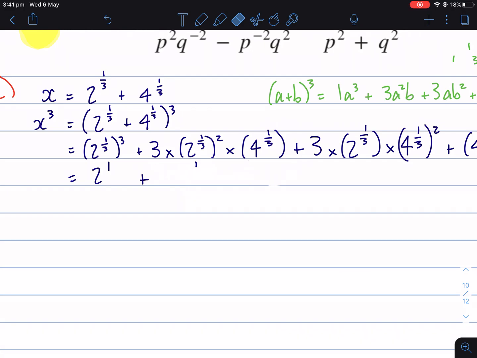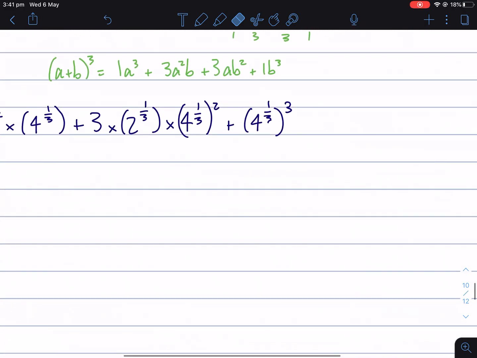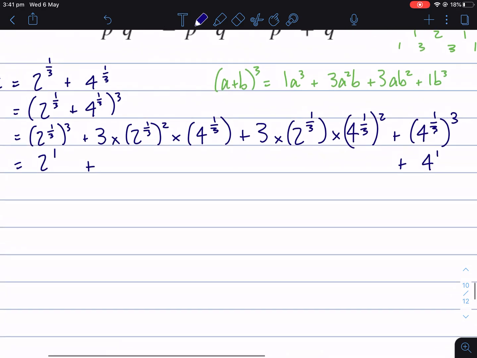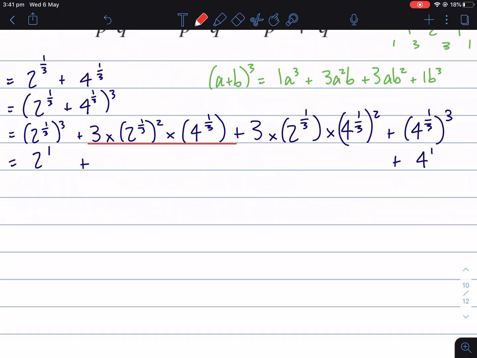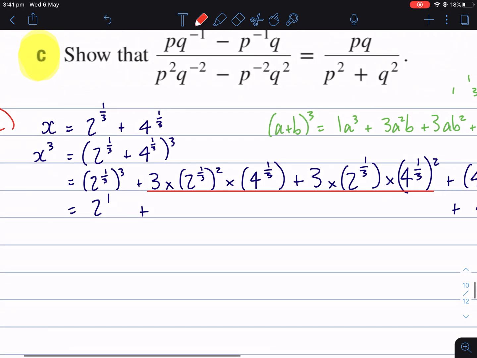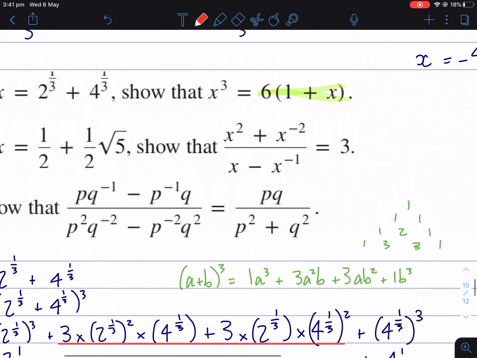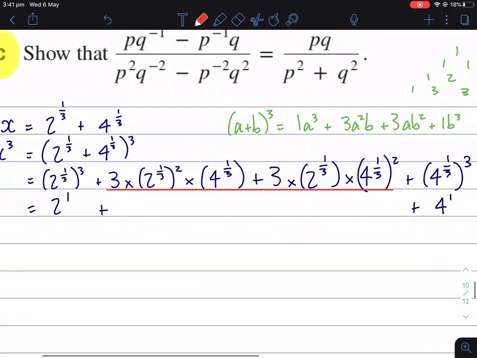Actually, I'm going to deal with these ones, but I'm going to finish off by plus 4 to the 1/3 times 3 is 1. Now with these ones, I'm going to factorize. This is the same as 1 plus x. This is the same as 3.